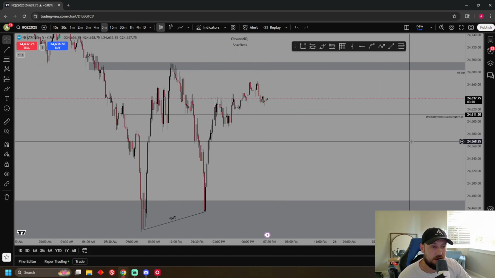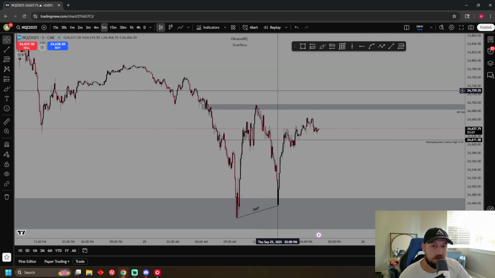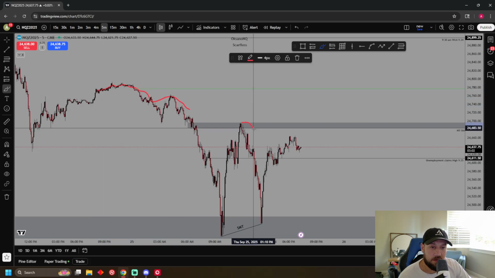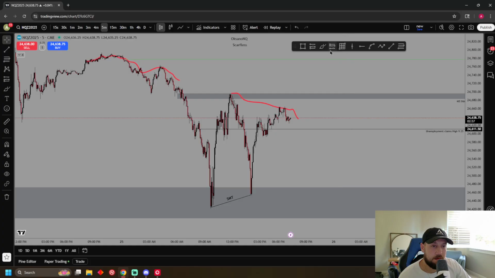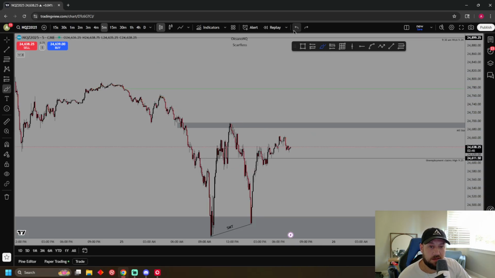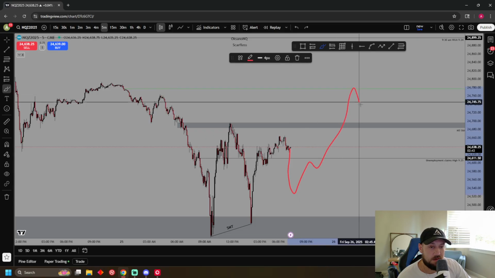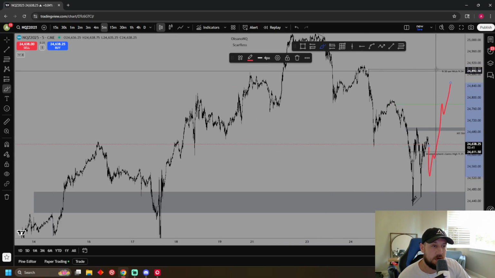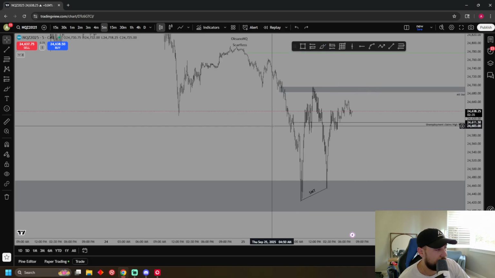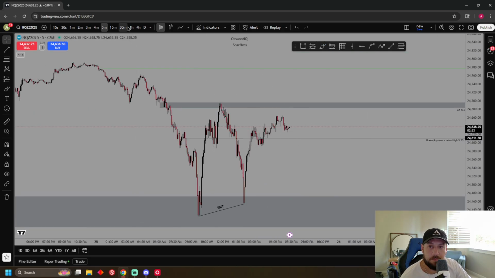So dream scenario now, since we have all this LRLR here and here, would probably be to have overnight accumulate and engineer, and then maybe we get a manipulation back down into this 4 hour and break this SMT and then get longs. But that's a little excessive. I would even take this basically at this point. But I'm still going to remain bullish till we close below the 4 hour. So, yeah, that's pretty much it, really.